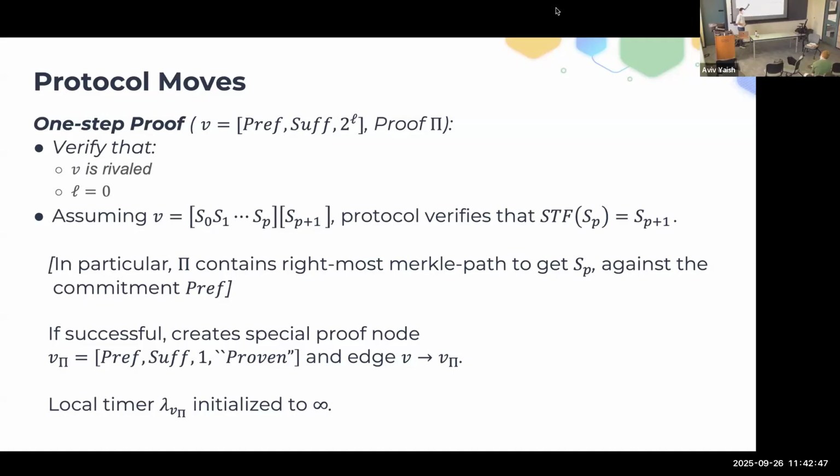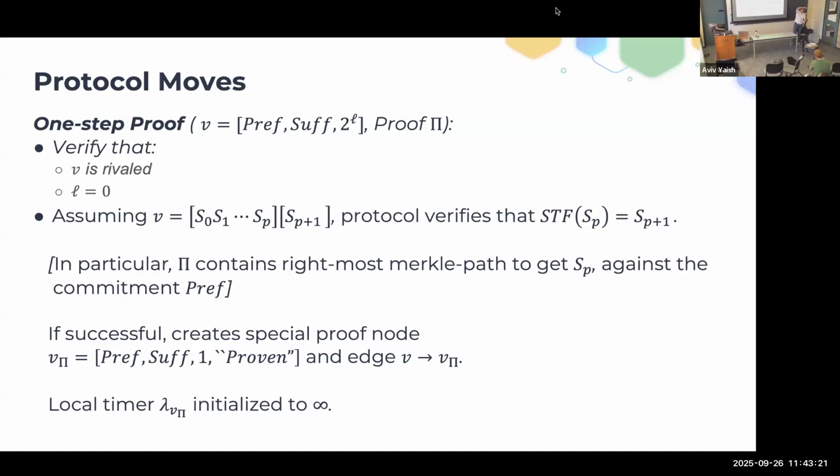It will contain the rightmost Merkle path to isolate SP, to get the commitment just to SP. Now, after you've done that, and you have the commitment to SP, and you have supposedly the commitment to SP plus 1, there is some very, very clever engineering on how to do the computation from SP to SP plus 1 in the small resources that the smart contract lets you.